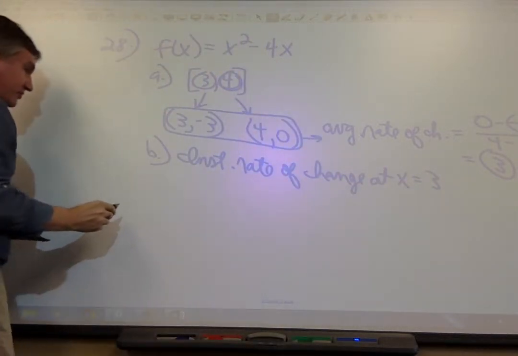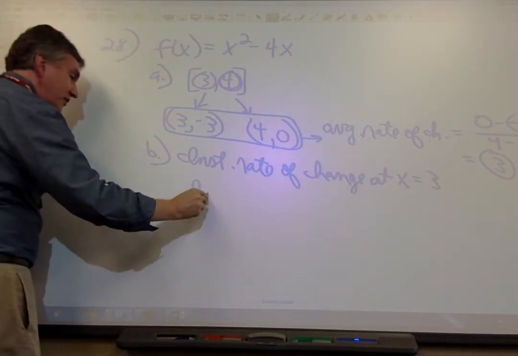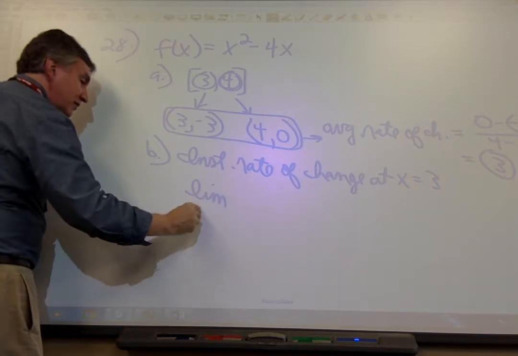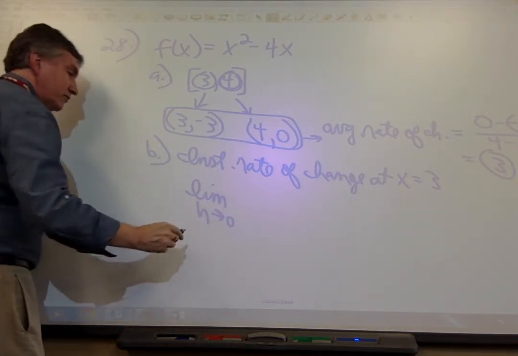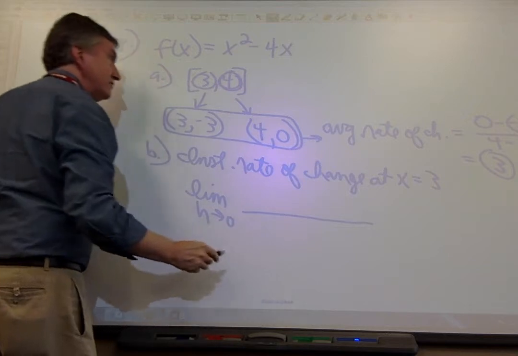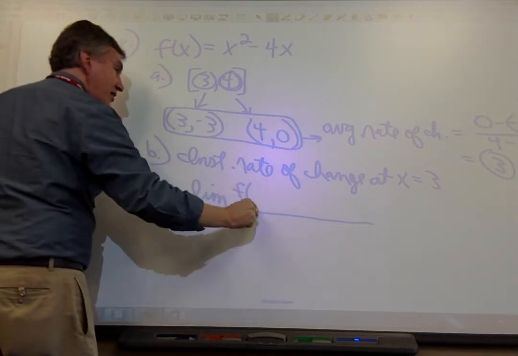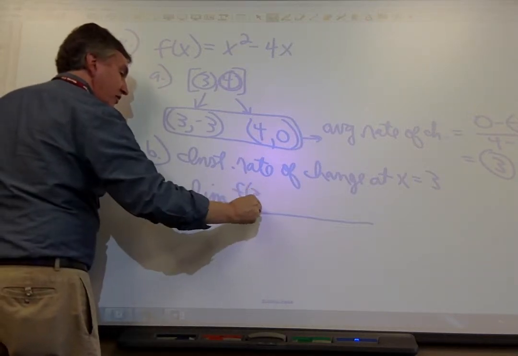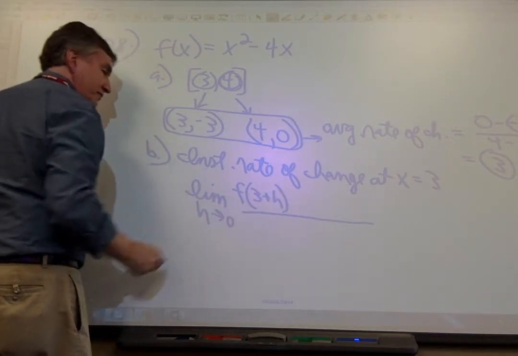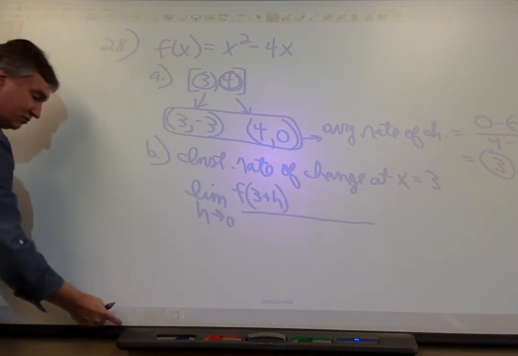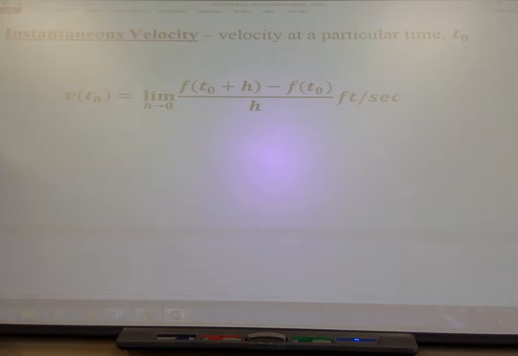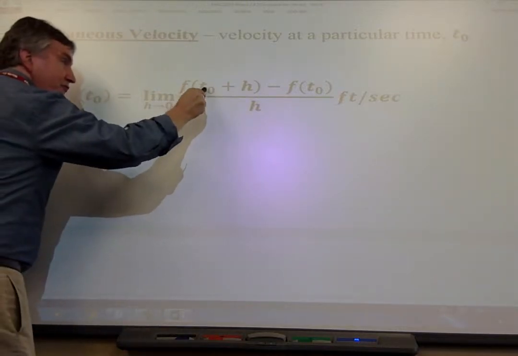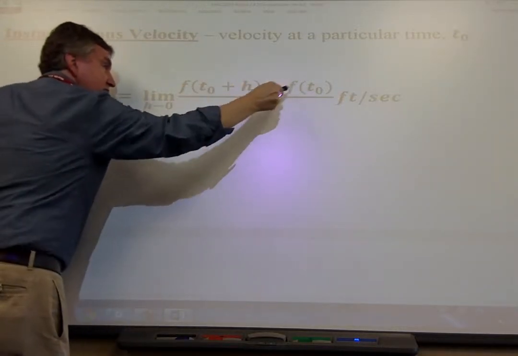Now, what definition do I use to find this? It's the limit as h approaches 0 of what fraction? f of 3 plus h minus f of 3 over h.